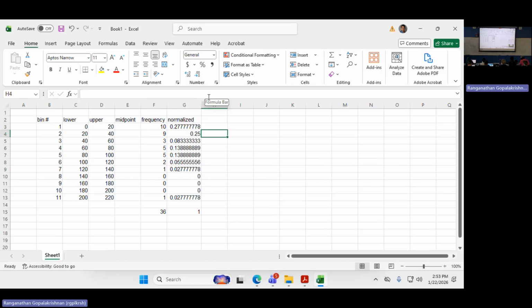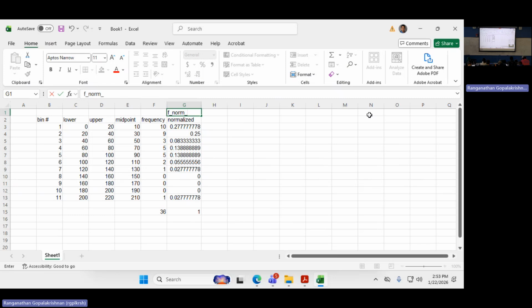Okay, what is the midpoint of each bin? That's easy. I have to take the average of these two, and I just have to drag this down. Okay, so then I would write: this is f normalized of i, and this is nu i.